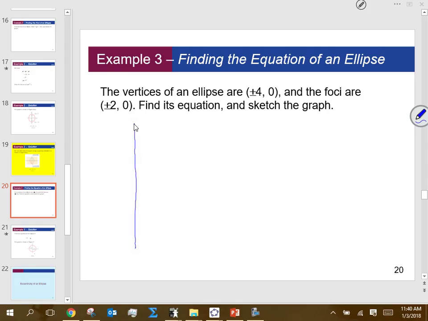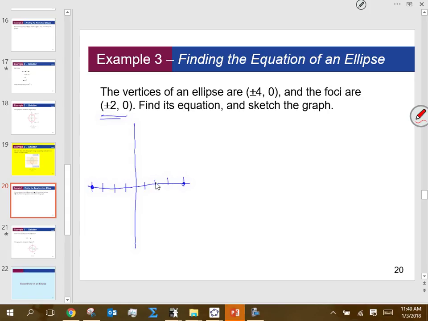It says we've got vertices at plus or minus 4. So 1, 2, 3, 4. So there's one vertex of my major axis, and there's another one. Now, the way I knew that was the major axis is because they tell me where my foci are located as well.